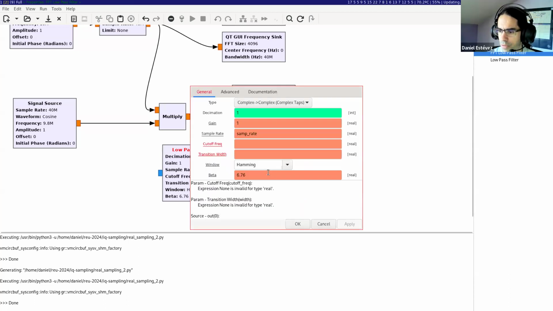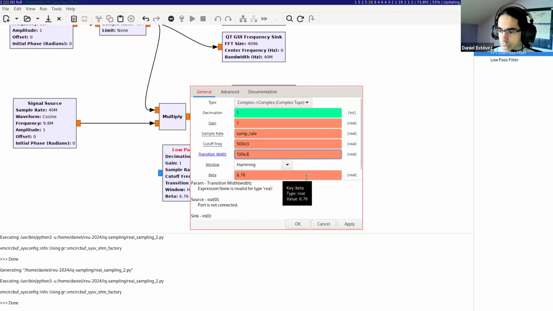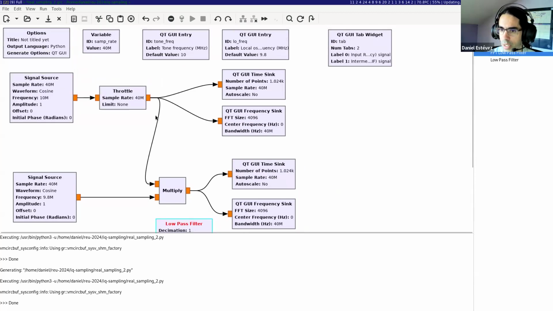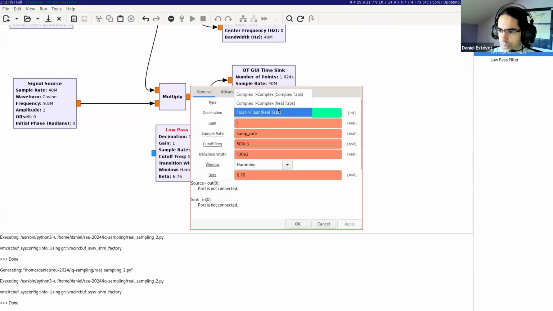So when we have a large filter, because the transition width is narrow, for example, or the cutoff frequency is very low, then we get many taps. And in this case, it turns out that the FFT low-pass filter is much faster than the low-pass filter. And to run with these 40 megasamples per second, I need the FFT low-pass filter if I want to run in real time.